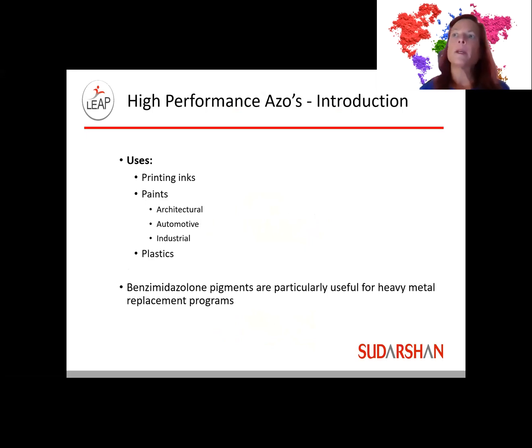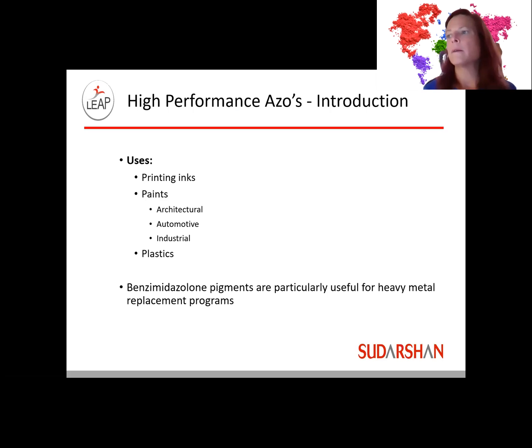The high performance azo pigments are used in all of the applications. Primarily, they're taking advantage of the chromaticity, and then of course the extended technical properties of fastness, weatherability, and heat stability are those that make extension into all of the applications possible.